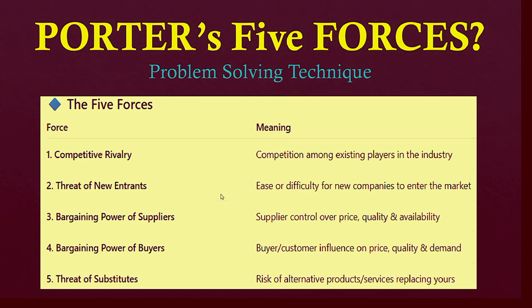The fifth force is threat of substitutes: the risk of alternate products or services replacing you. So these are the bargaining power of suppliers, bargaining power of buyers, and threat of substitutes and new players.